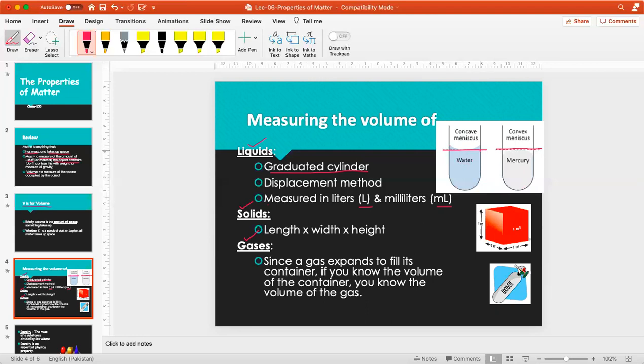Now the problem for you here is that when it is a colorless liquid like water, or when it is a colored liquid, the way mercury is, how can we measure?